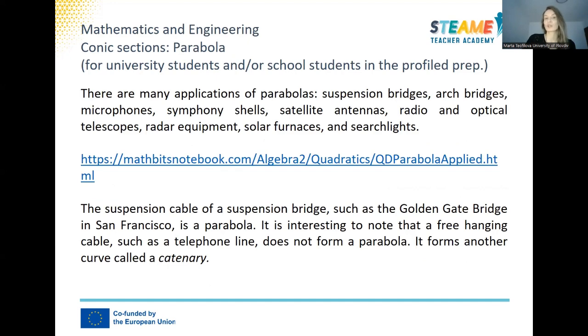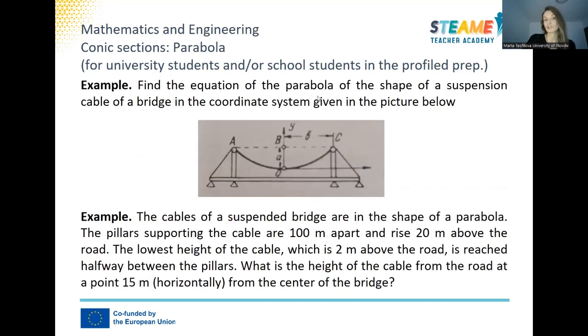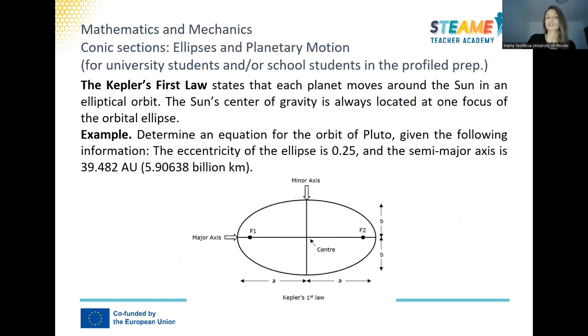You can use parabolas in problems of engineering bridges, like this one. Find the equation of the parabola of the shape of a suspension cable of a bridge in the given coordinate system, which is adapted to the positions of the bridge. You can use conic sections in solving problems of planetary motion. This is just one example.